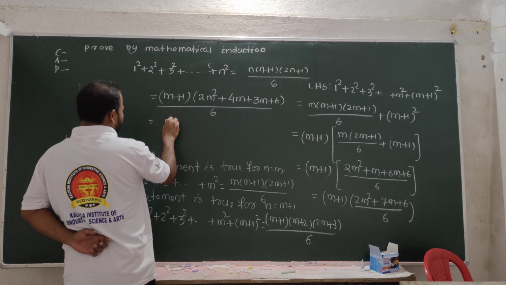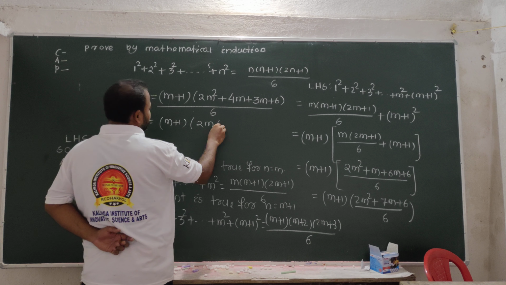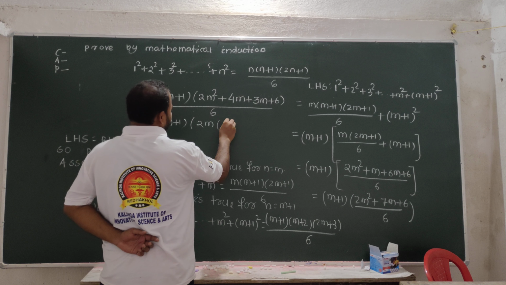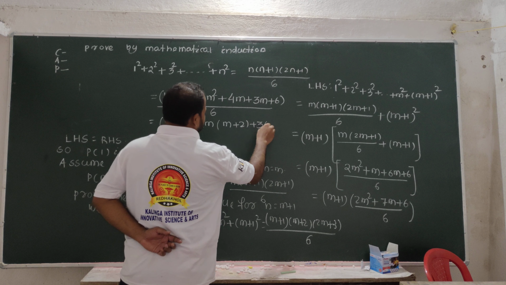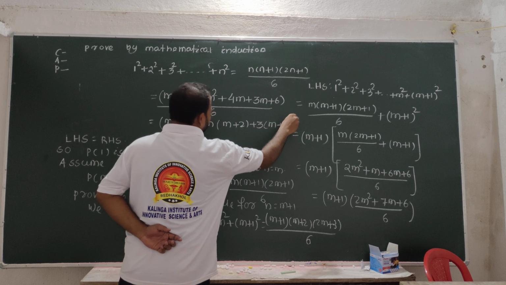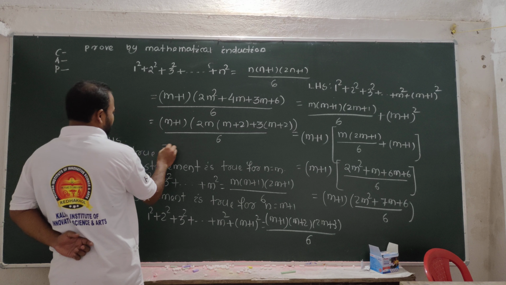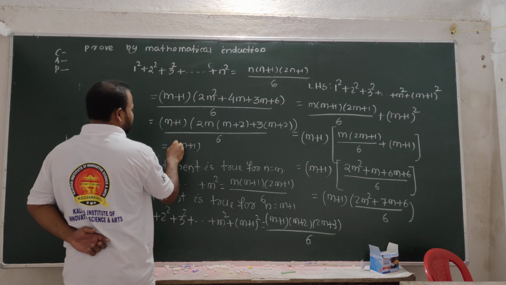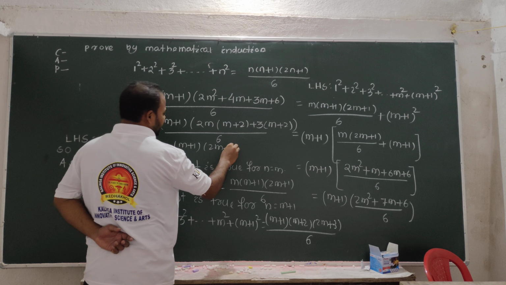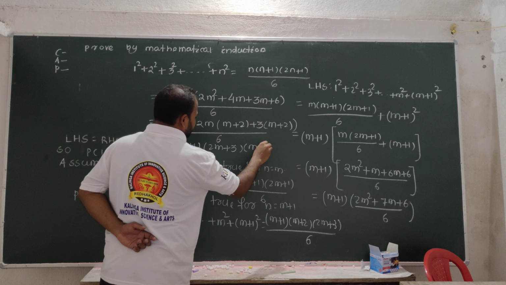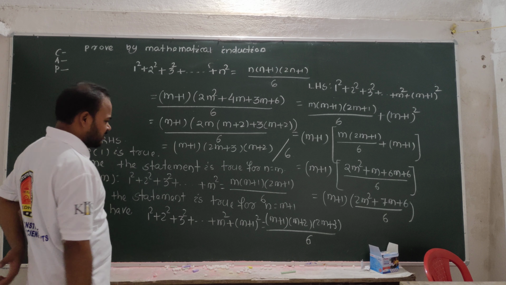Taking 2m common, we get m plus 2, and taking 3 common, we get m plus 2, upon 6. So it is equal to m plus 1 into 2m plus 3 into m plus 2, whole divided by 6.